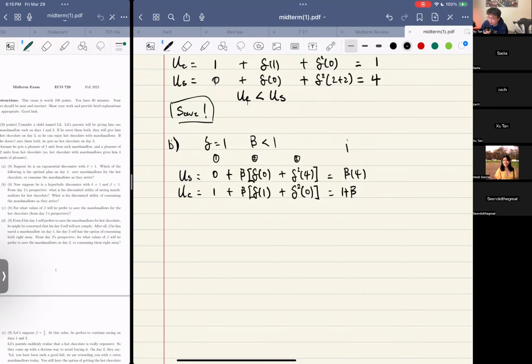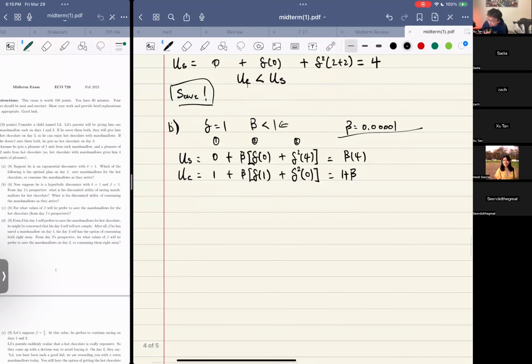What if my beta is 0.00001? Right, so we don't know yet. Whether he chooses to save or consume depends on beta, but we were not given beta. It just gives us a range of beta.